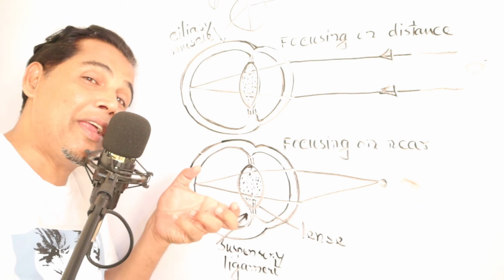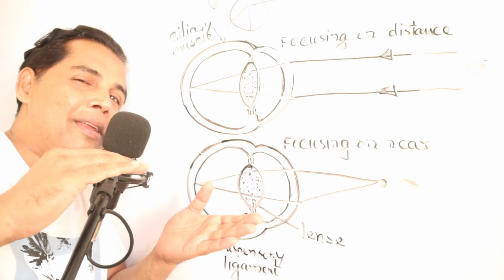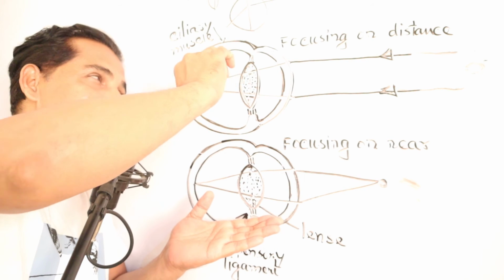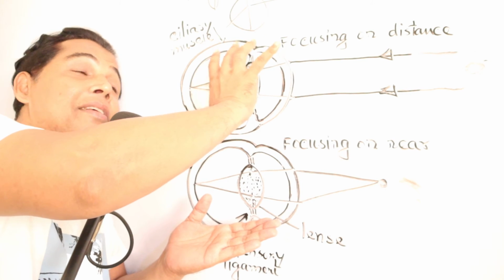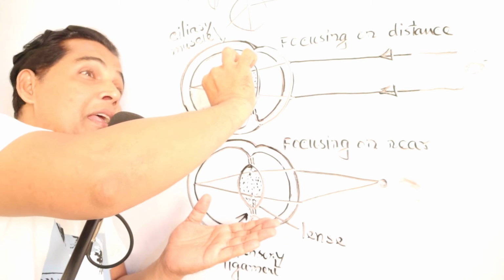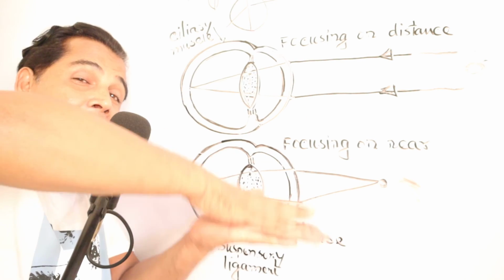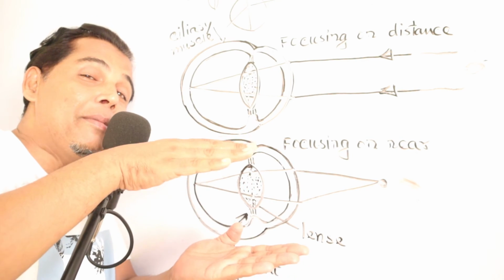Okay, so for getting the suitability, accommodation, adaptation, these are two mechanisms. In one, the muscle gets relaxed and the lens becomes flattened. In the other, it gets pressurized, contracted, and the lens becomes bulky.